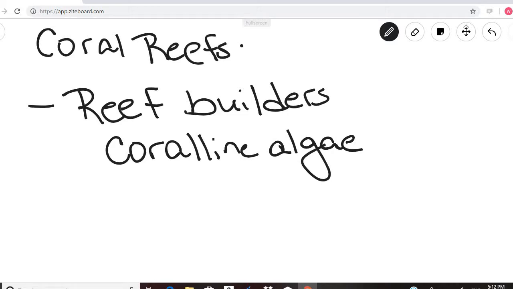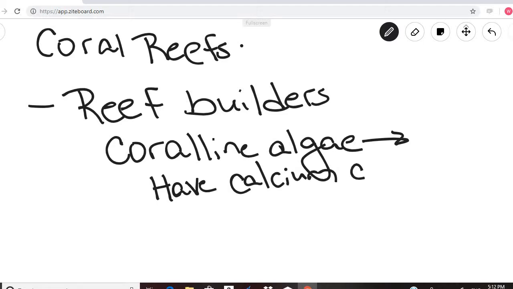This algae also has calcium carbonate. So this algae grows around the coral, and it provides another layer of protection for the coral.